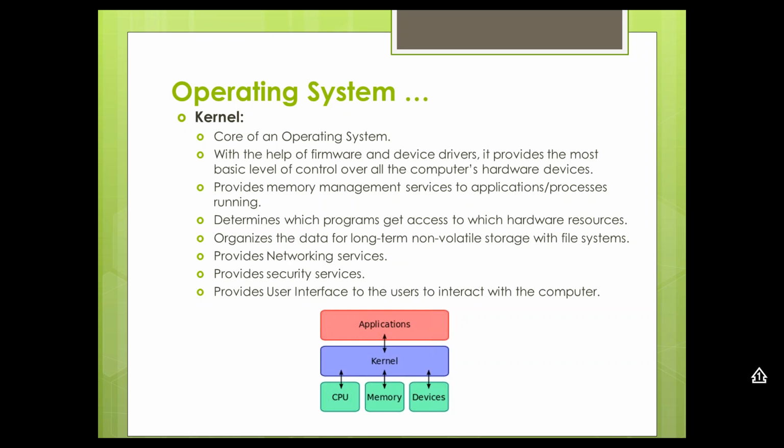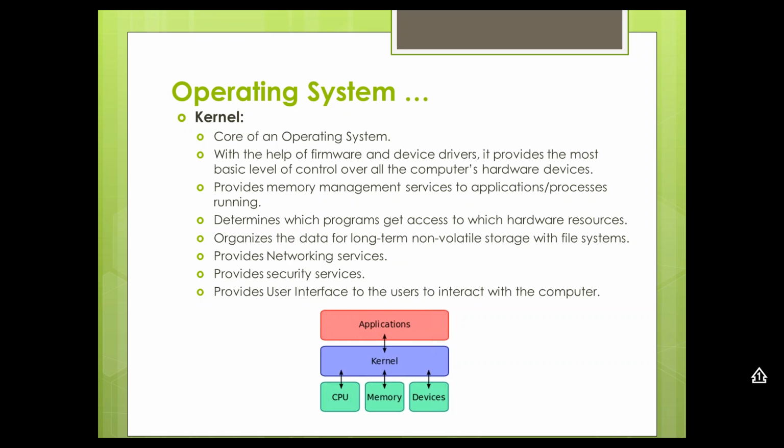We can call that system software, because system softwares are the softwares which are written in either assembly level languages or mid to high level languages like C or C++, for system calls.